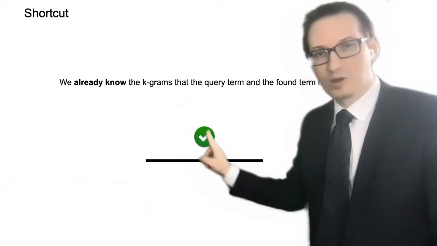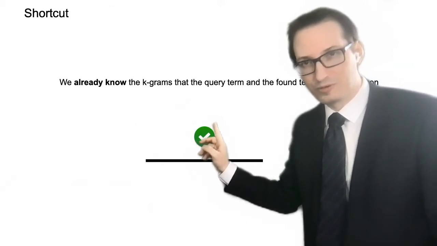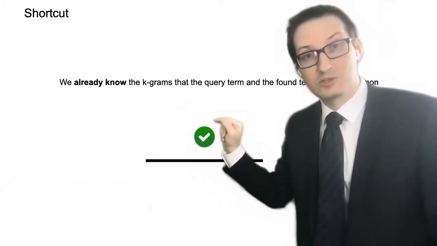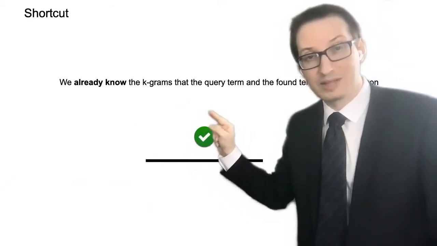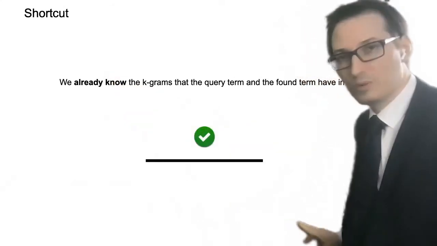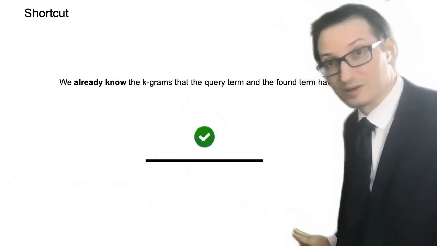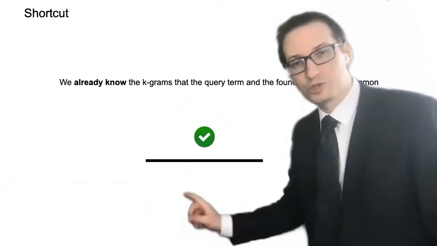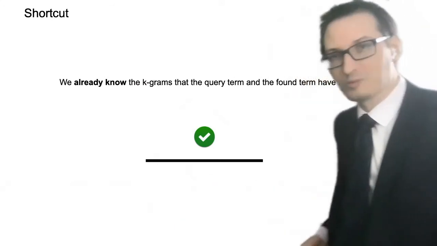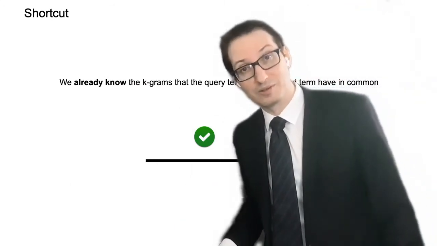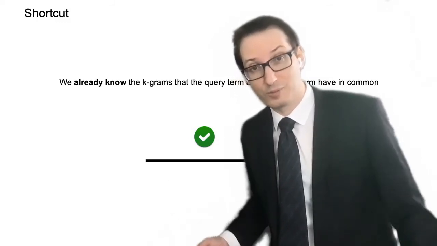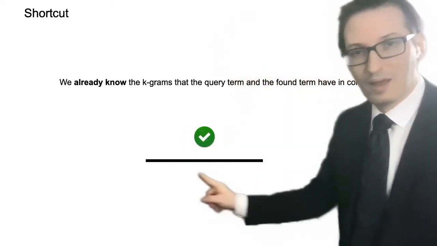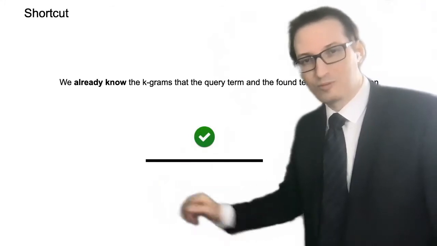First, this number right there on the top of the fraction, we already know. It's the number of k-grams that the query term has in common with the candidate's correction. And here you just need to count the number of times you found it in the 3-gram index, right? That's just how it is. So you basically know that number. So this is the intersection. And what is the union?